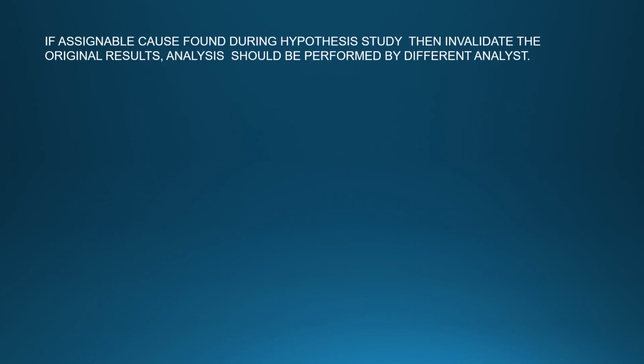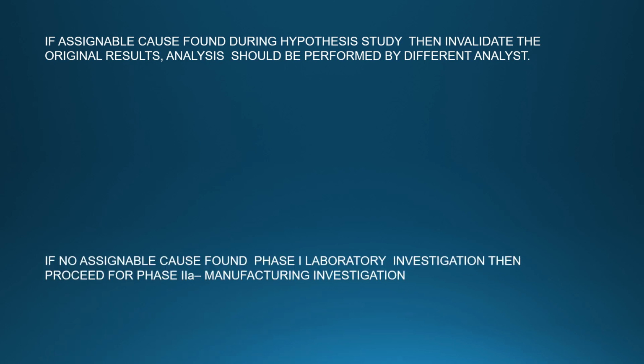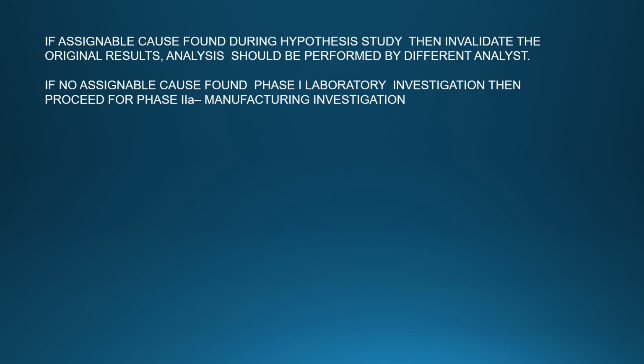If an assignable cause is found during the hypothesis study, then invalidate the original results. Analysis should be performed by different analysts. If no assignable cause is found in the Phase 1 laboratory investigation, then proceed to Phase 2A manufacturing investigation.